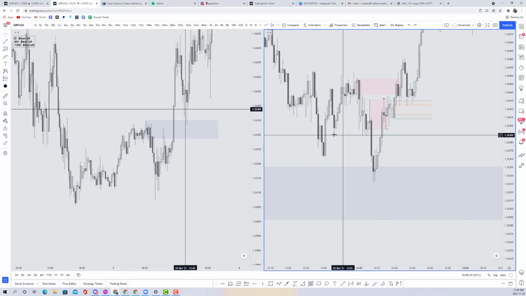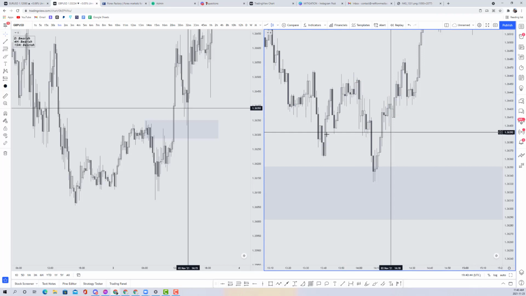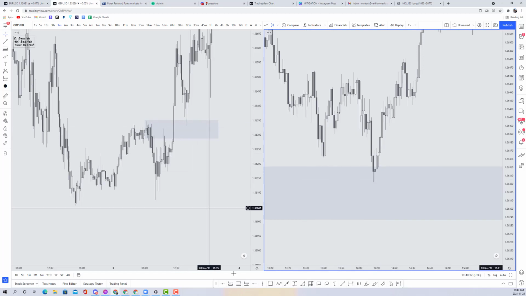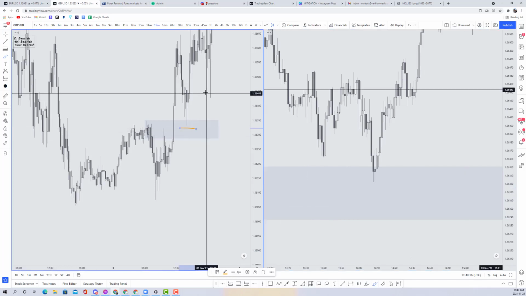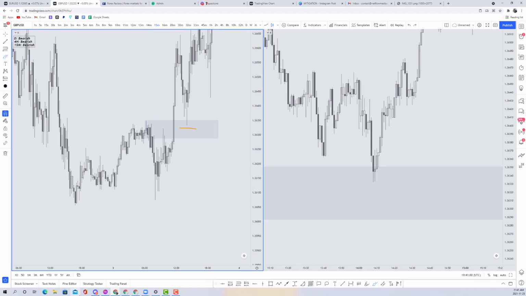It's safe to take a trade off of. The push has to be clean, and you just have to understand that some days you'll be able to take a trade off of it. Other days, it'll just be used to build inducement for the real POI the market wants to use. So it could have induced there, come back down, then go up. So it's always a possibility, and that's why we manage our risk and try to break even as quick as possible.